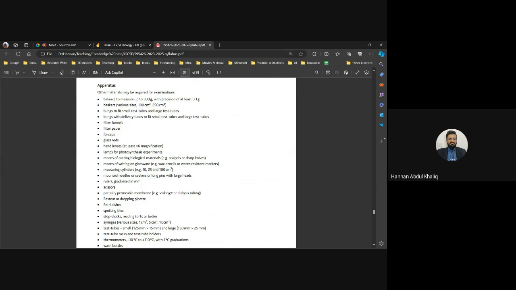Now they may ask you sometimes, there is a very particular question in past papers, in P6, how a student would measure the exact volume of this particular solution to perform the experiment.